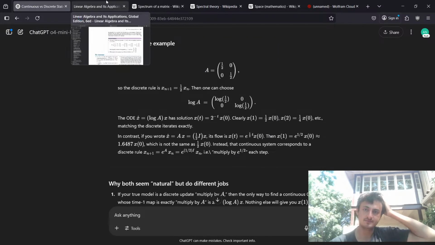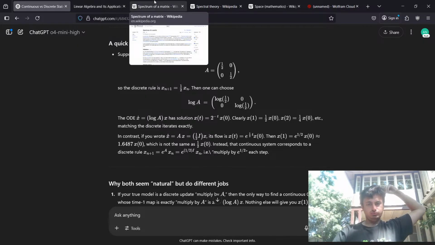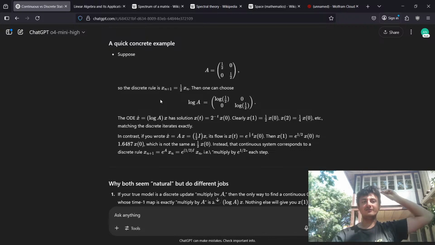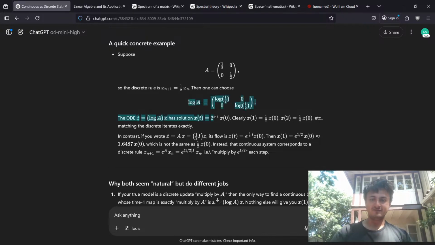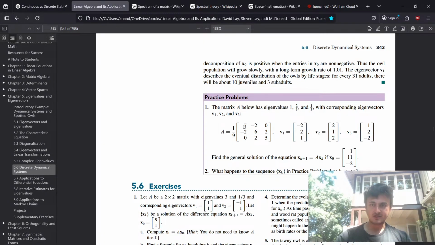All right. Right, because it makes sense that it's log, because log of 1/2 is going to be negative. So that's really interesting. Okay, so we'll do the practice problems.